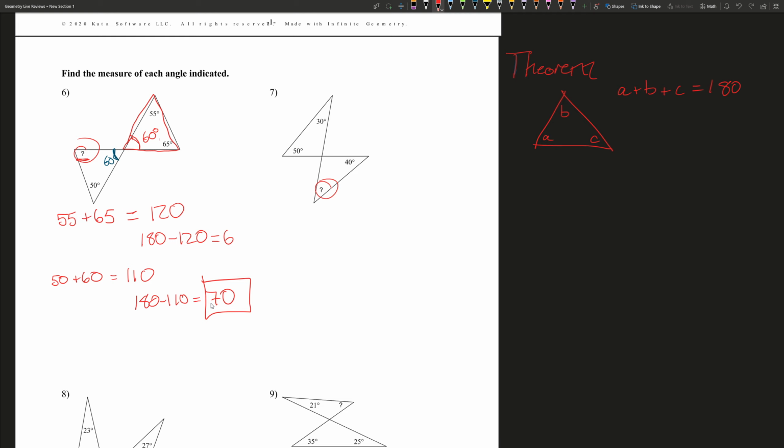It's kind of the same process for number 7. The first thing we have to do is solve for this angle. So 50 plus 30, that is equal to 80 degrees. We know that all three of the angles have to add up to 180. So we'll call that angle X. If we subtract 80 from both sides, we get X should equal 100.